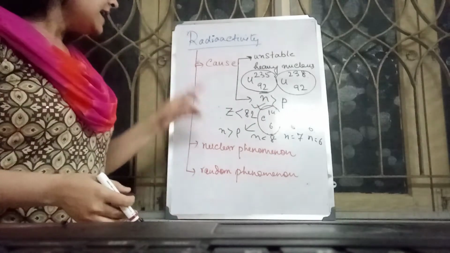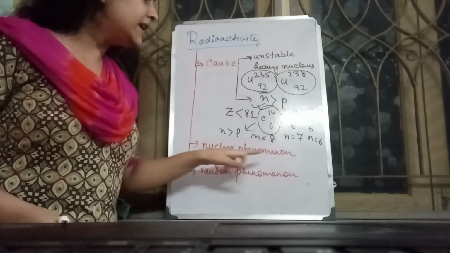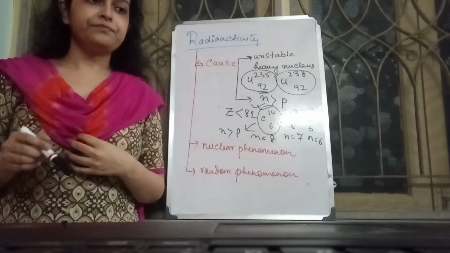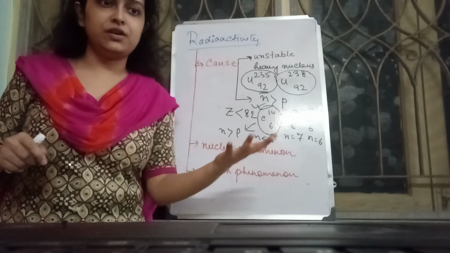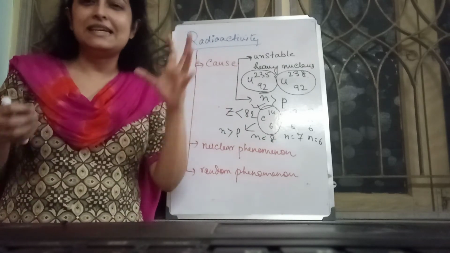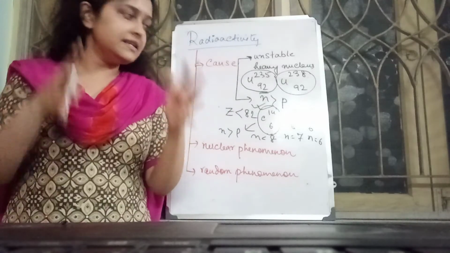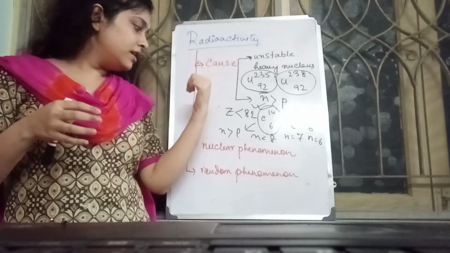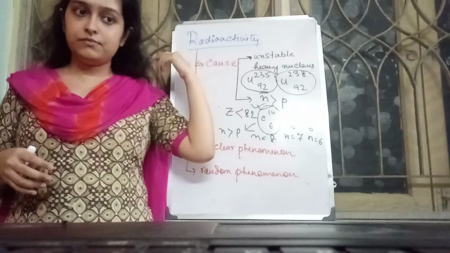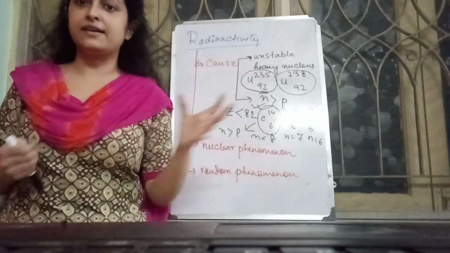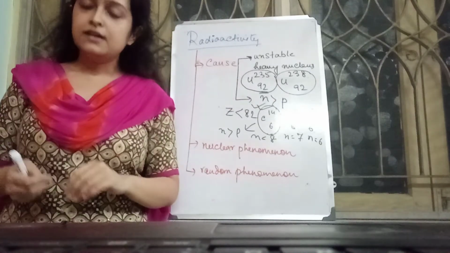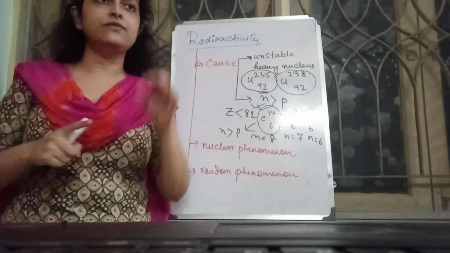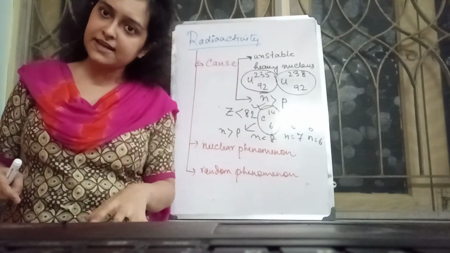Now, radioactivity is a nuclear phenomenon. That means no physical changes like temperature or pressure, or chemical changes like freezing, heating, etc., can affect the phenomenon of radioactivity. So how is that possible? If it was a chemical reaction, then it would have affected it.